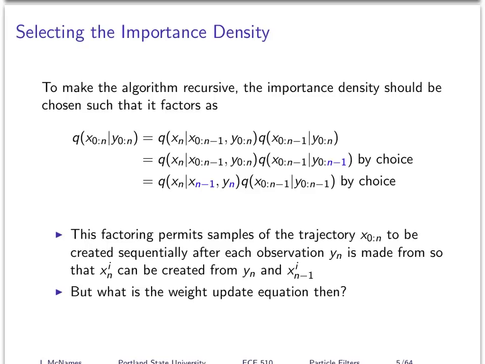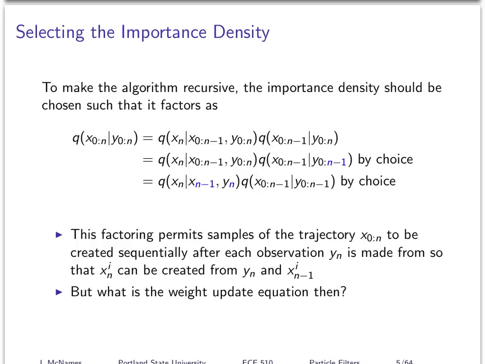And it was my choice to, in this joint, split off x of n, the current state at time n, from the past trajectory, the past values of the state from 0 to n minus 1, and make it conditioned on that multiplied by this marginal. And this is just Bayes' rule. That works for any PDF. There's no funny business there.